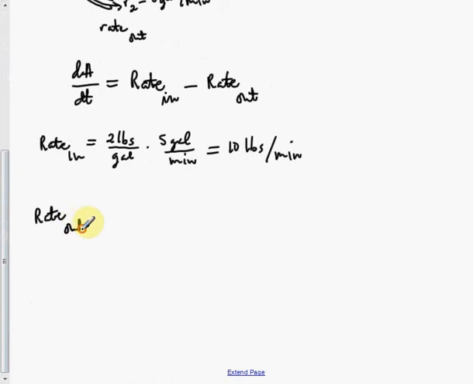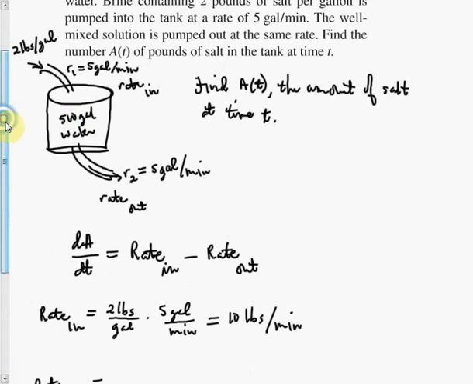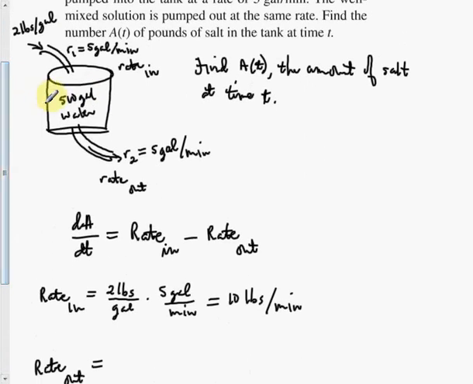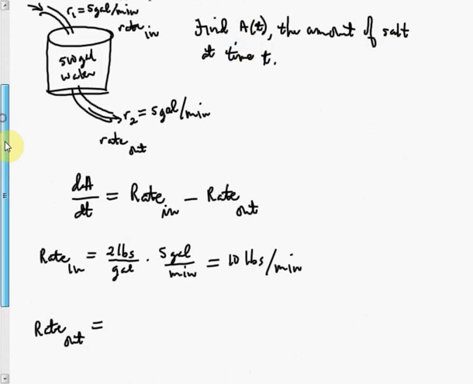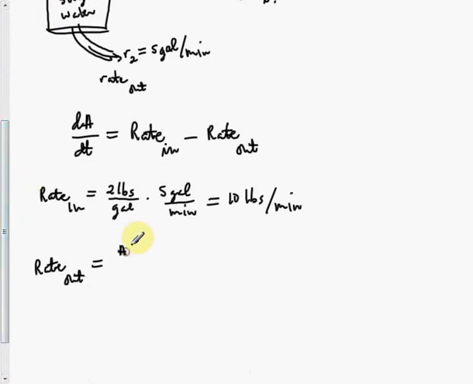So the rate out is equal to, well, I know that there are 500 gallons of water that's going to be mixed with this salt mixture, but in terms of the amount of salt, that's what we're looking for. The amount of salt is said to be A, right? The amount of salt at time t, in pounds. So here I have A, the amount of salt, in pounds, divided by 500 gallons.